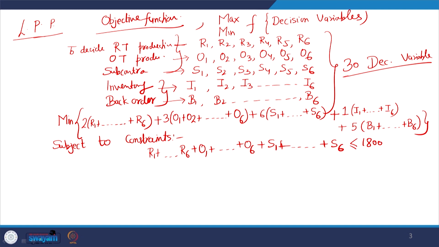That is one very important constraint. Now, for developing more constraints, we need to understand situations more clearly.